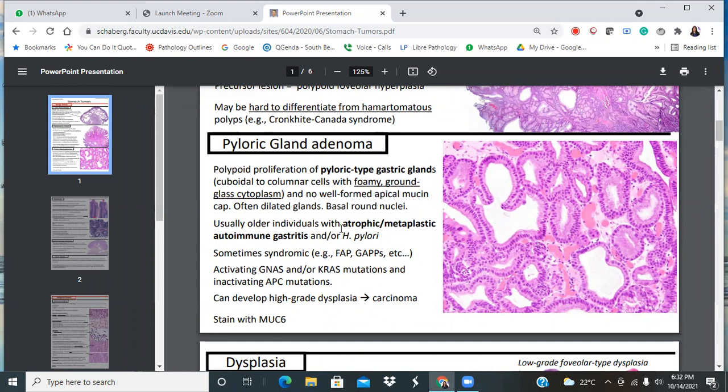Usually older individuals with atrophic or metaplastic autoimmune gastritis and/or H. pylori. Sometimes syndromic, so FAP and GAPPS. Activating GNAS and KRAS and inactivating APC mutations. Can develop high-grade dysplasia to carcinoma, stains with MUC6.